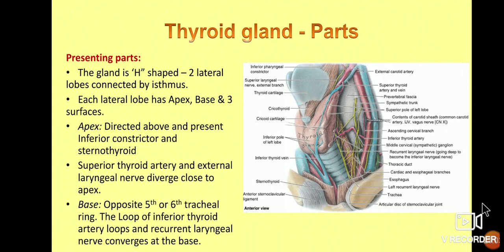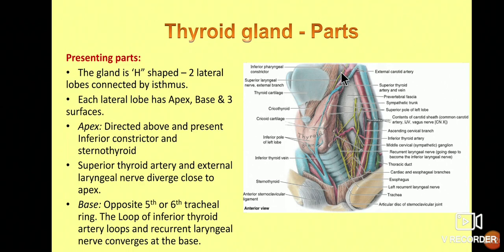In regard to the base, opposite the fifth or sixth tracheal ring, it is related to the loop of inferior thyroid artery, where the recurrent laryngeal nerve is in close proximity. Nearer to the gland, the artery and this nerve come close to each other.